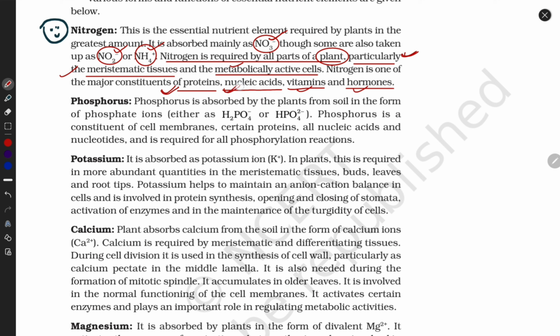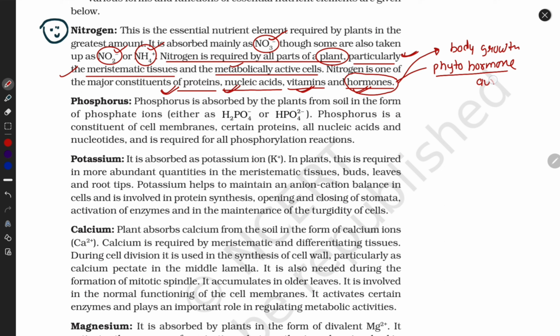What is protein, what is nucleic acid, what is vitamin, what is hormone. Hormones also participate in body growth. In the case of plants, we can call it a phytohormone or a plant hormone.